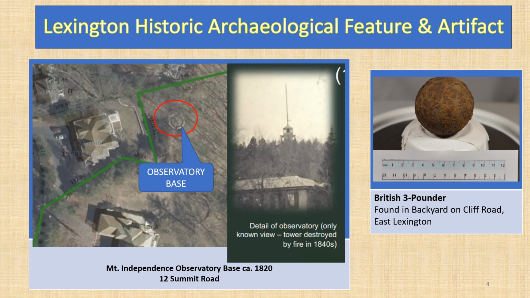A lightning strike in the 1840s resulted in the demise of this particular observatory. However, today we can see the remembrance of this location in the stones of the landscaped historic garden and home at 12 Summit Road.